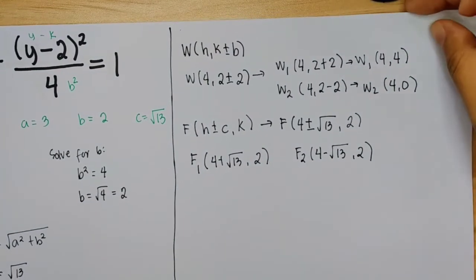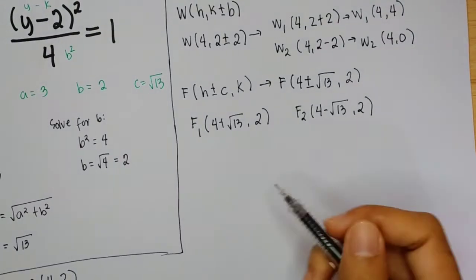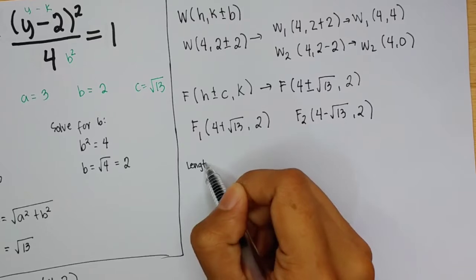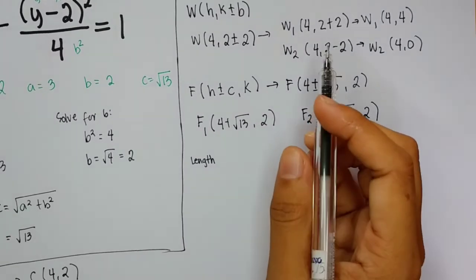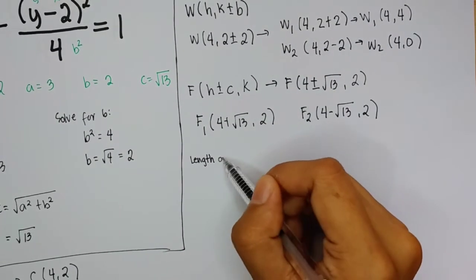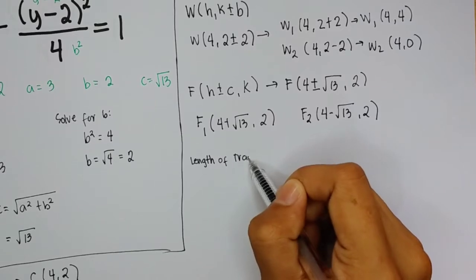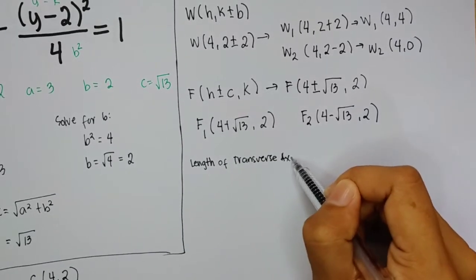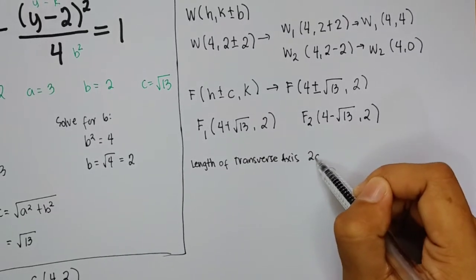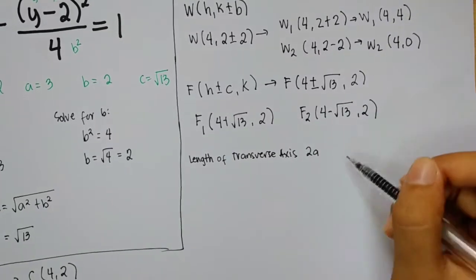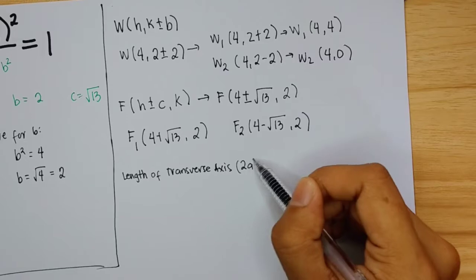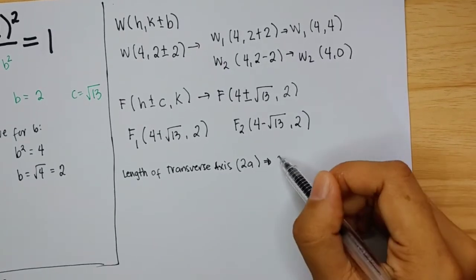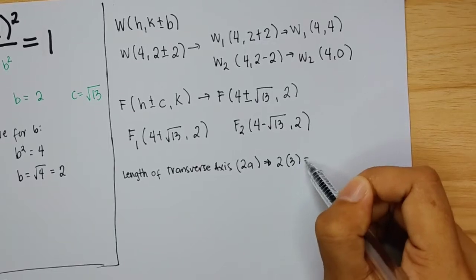Now, let's proceed sa length ng major na axis natin. So, length of our transverse axis. So, this is 2a. So, length ng transverse axis natin is 2 times 3, that is equal to 6.